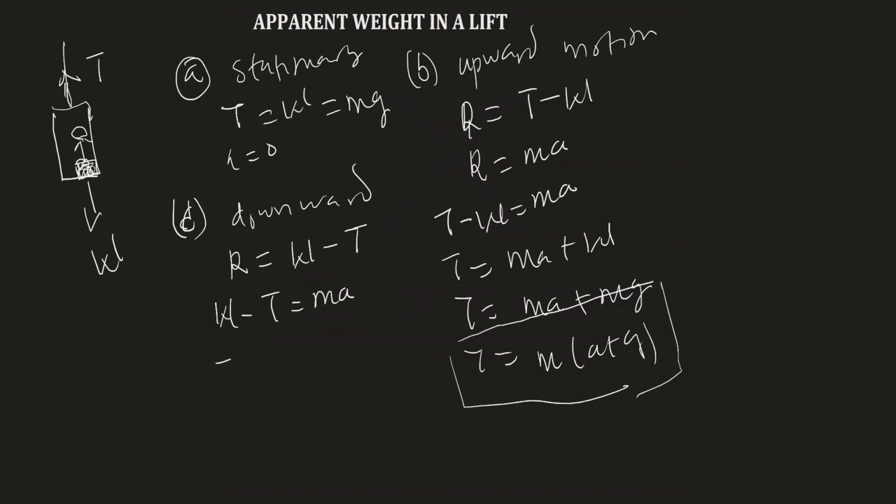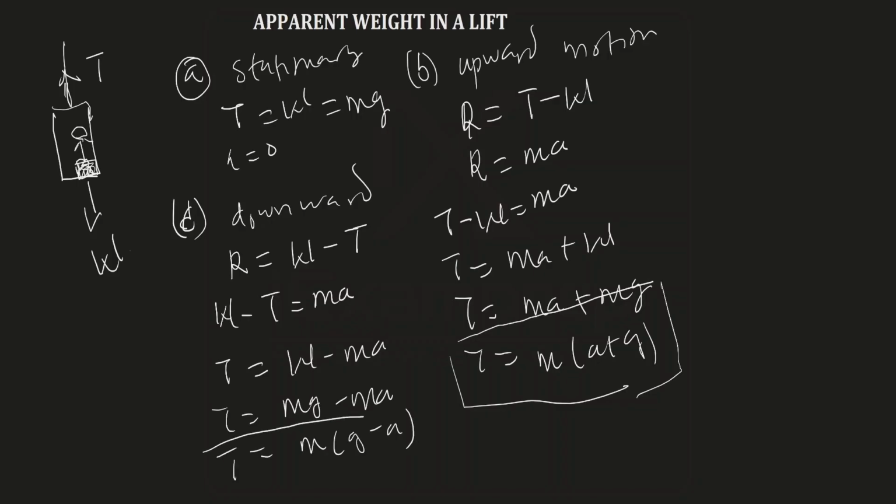Then if you make tension the subject of the formula and rearrange, we have weight minus ma, which is equal to mg minus ma. Then that will be equal to m(g minus a). So this is the formula you use to find the tension for the downward motion. So in the downward motion, it means that the apparent weight will be less than the real weight of the object.